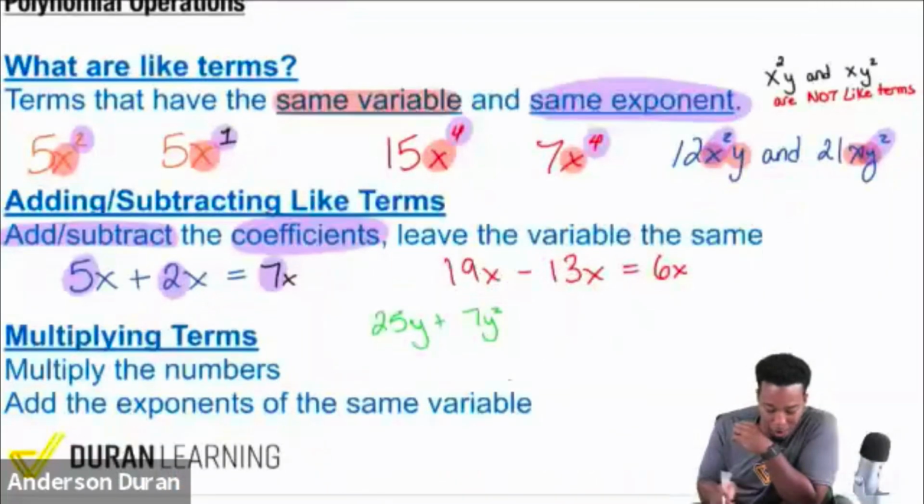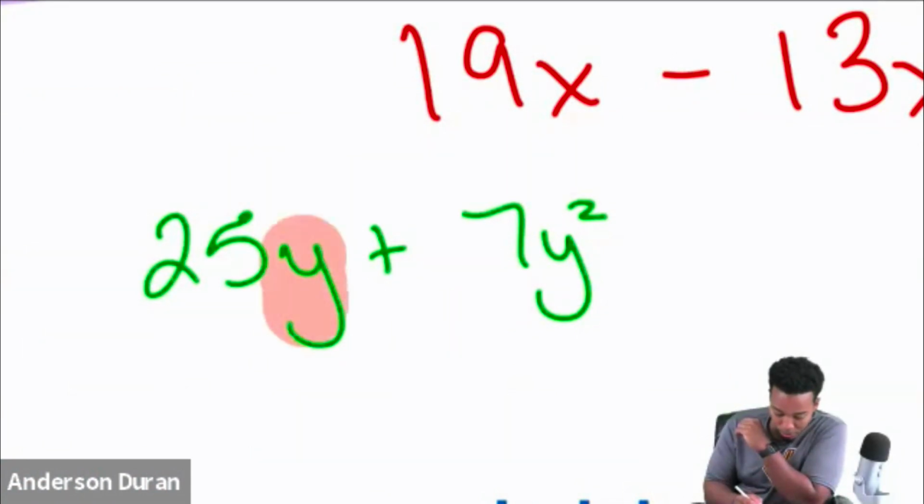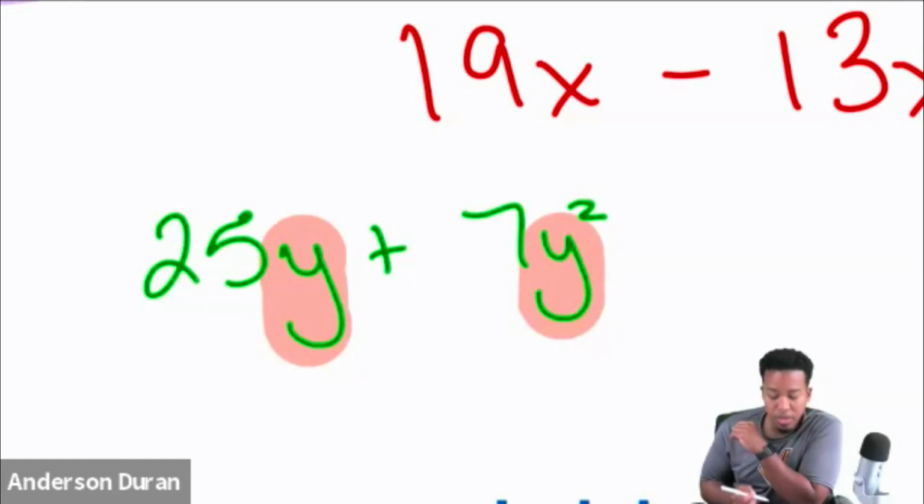Remember, guys, like terms have the same variable, the same letter, and they also have the same exponent. When you look at 25y and 7y squared, we absolutely do have the same variable. But do we have the same exponent? We do not.